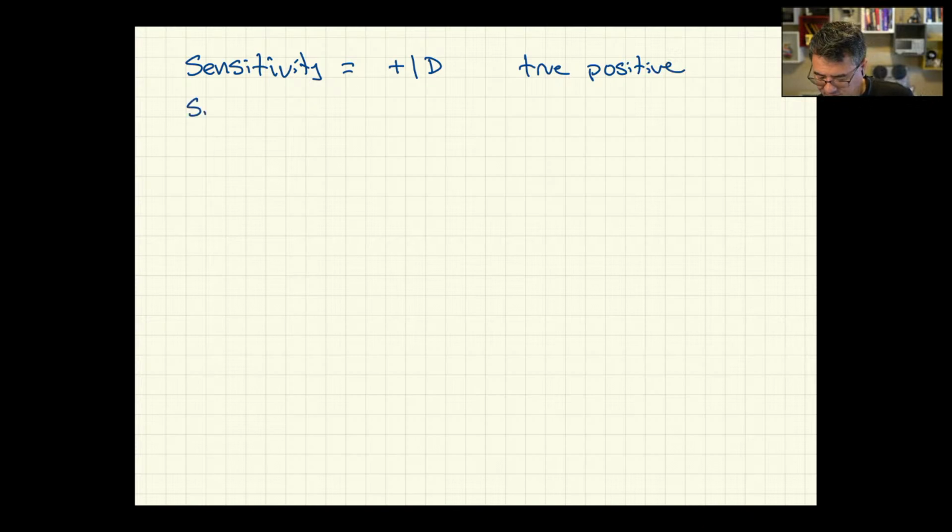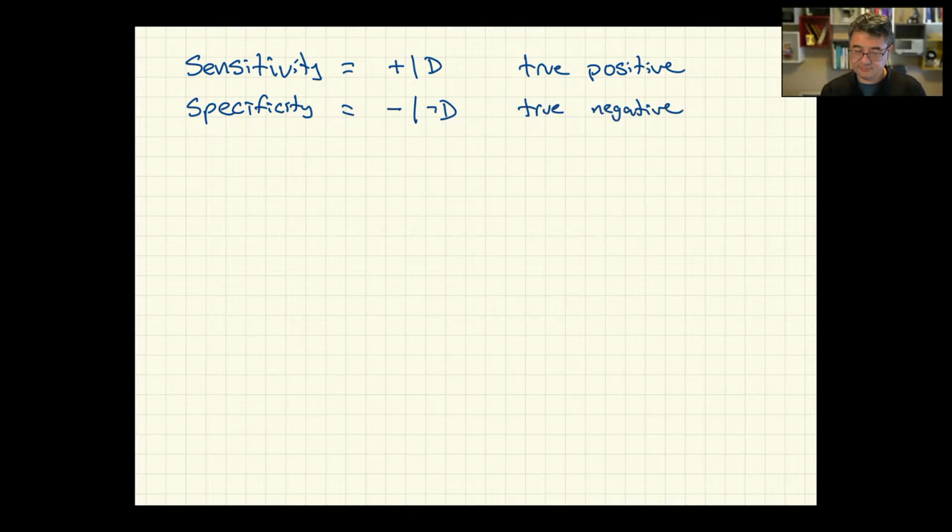And specificity is a negative test given that you don't have the disease. This is a true negative. So we're going to look at Bayesian diagnostics. Just run the numbers.